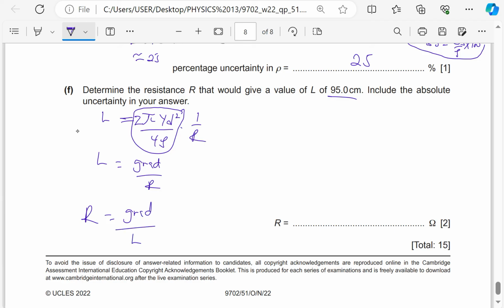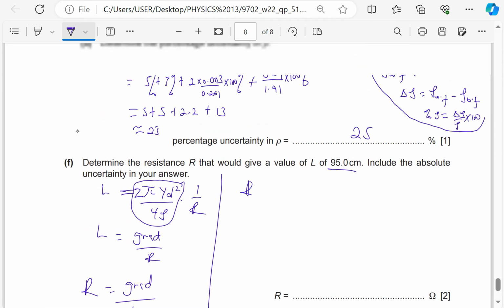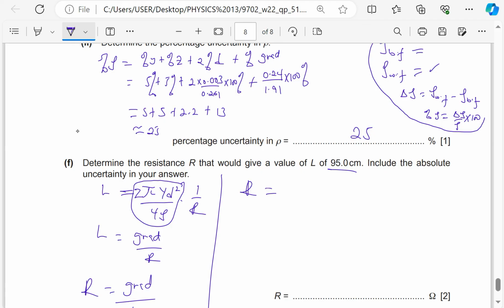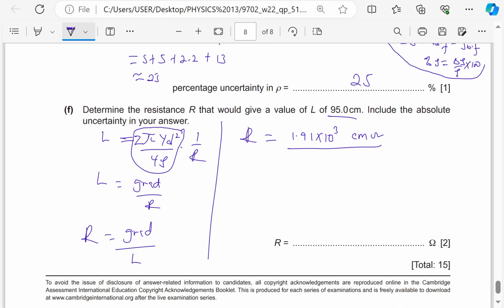So I'll just substitute this for simplicity. R is going to be the gradient. Remember, they want the answer in ohms. The gradient is 1.91 times 10 to the power of 3, remember this was centimeter ohms, divided by L, which is given as 95.0.